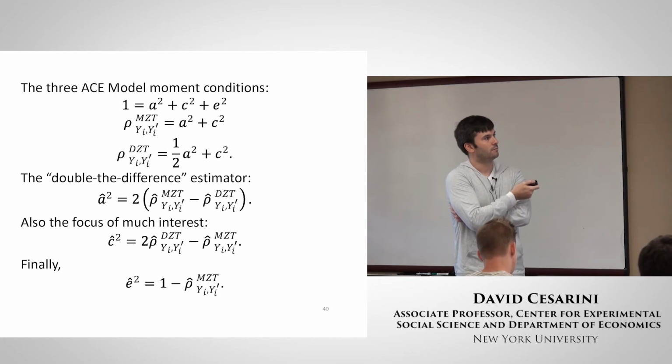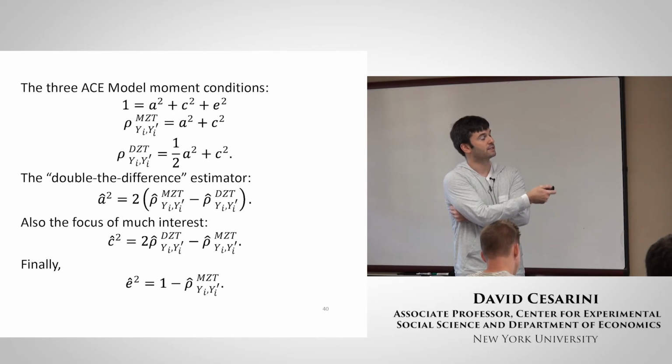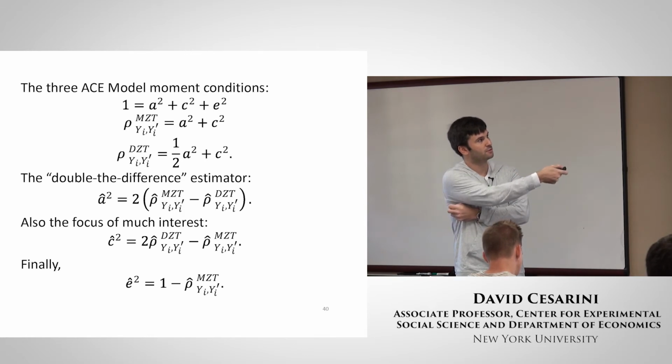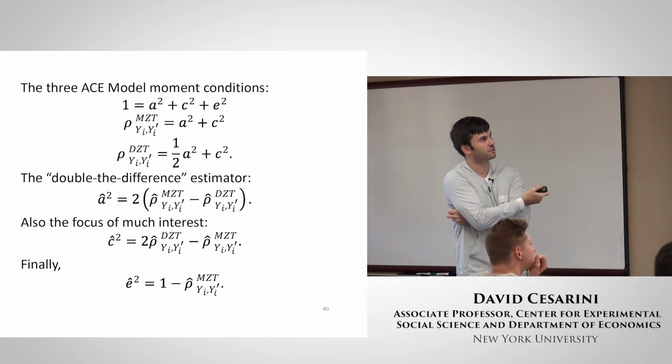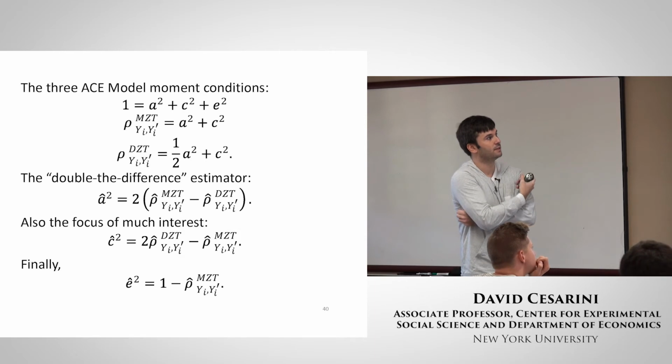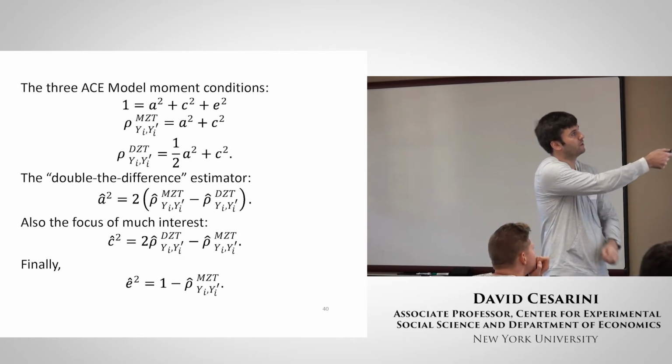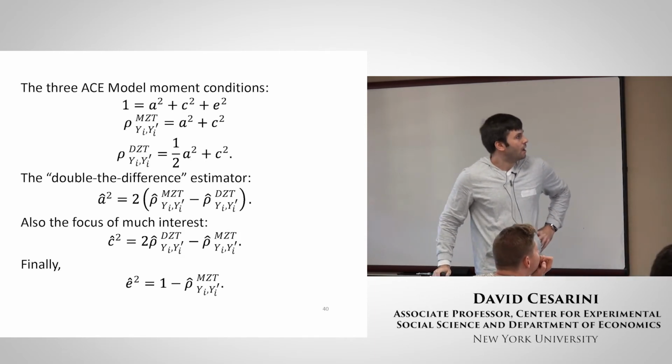Now, just solve these equations to get an estimator of narrow sense heritability. You can convince yourself that in this model, just from these 2 equations, multiply this one by 2 and subtract it from the first one and rearrange to get that heritability has to be equal to twice the difference between the phenotypic correlations.